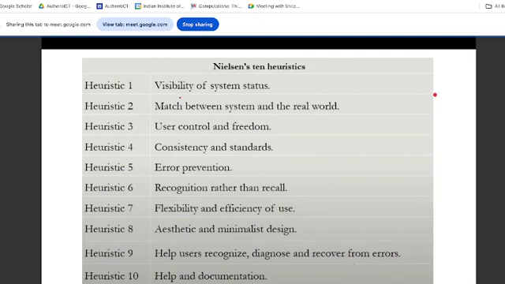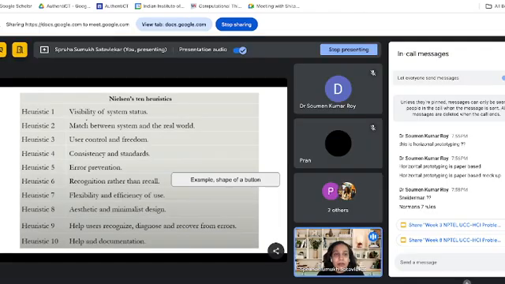This next one I thought might be difficult to understand. Recognition rather than recall is basically the shape of a button like this. Buttons are shaped like this on a screen usually. So in case there are really different types of button shapes, like some star, the user doesn't know whether I'm supposed to click on that star or not.